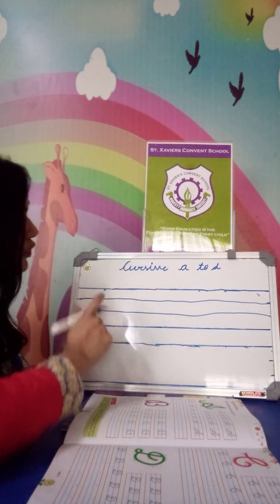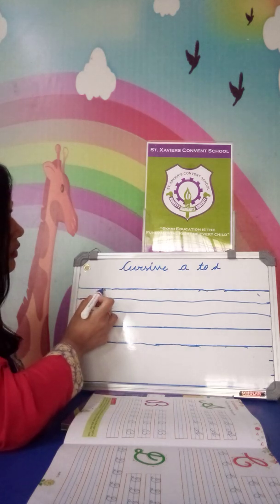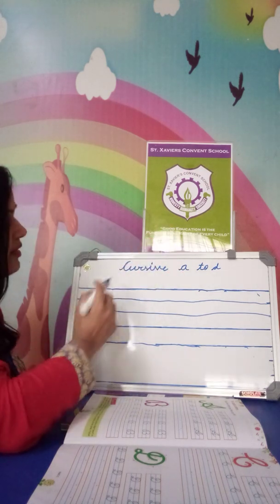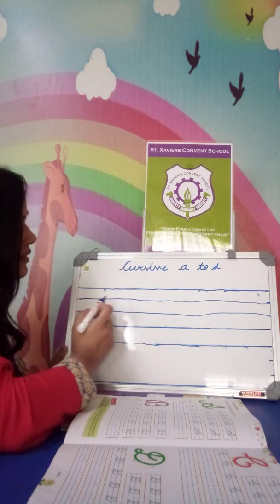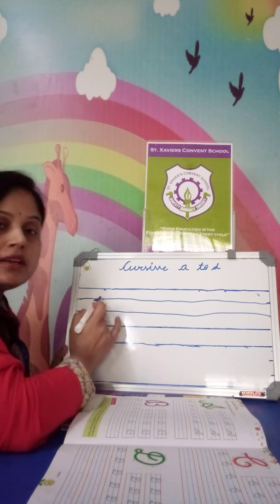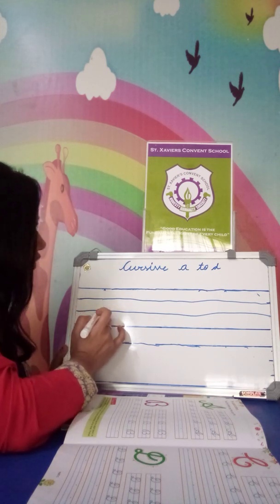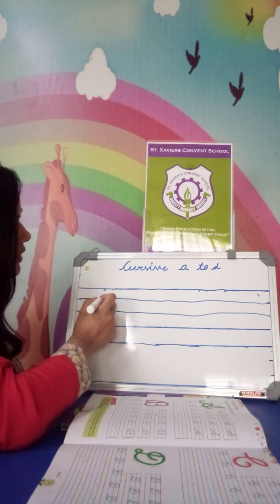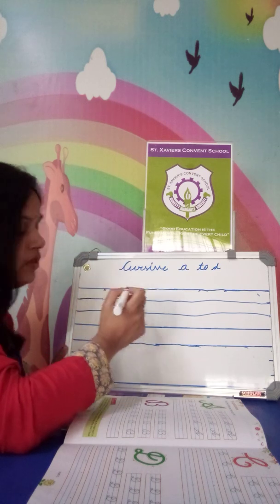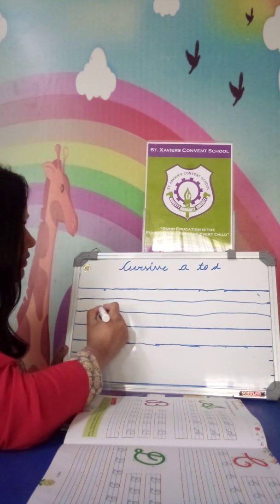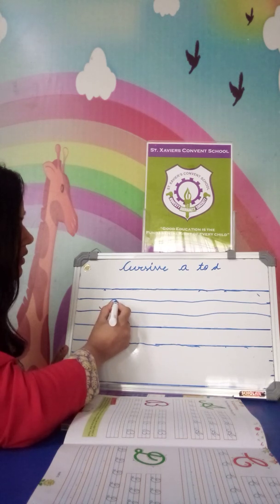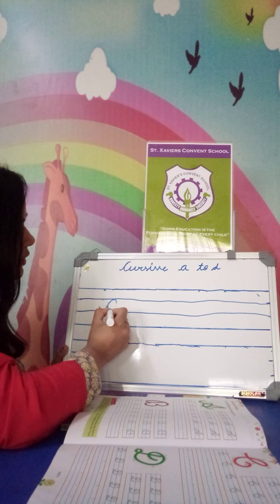Small a, you have to write the first line. This line, the skyline, we have to leave it. Start with the plain line and the green line. Okay? Of the lines, first line, leave it. Second and third line, we have to use. Start with a curve, like this, and turn, and a small tail.